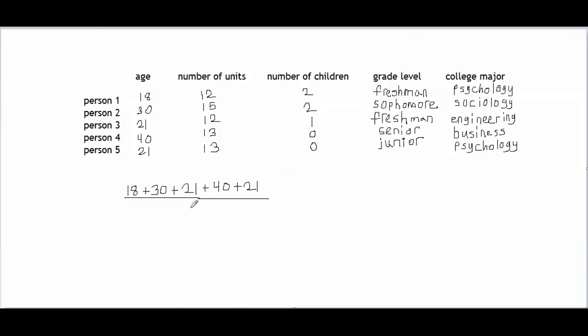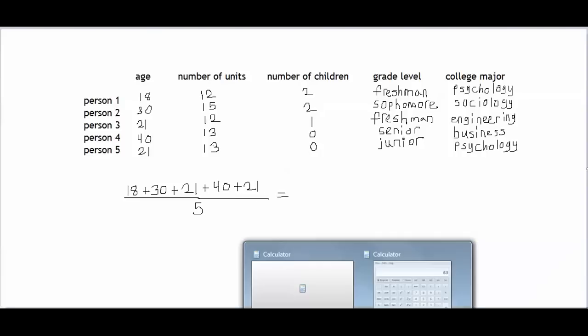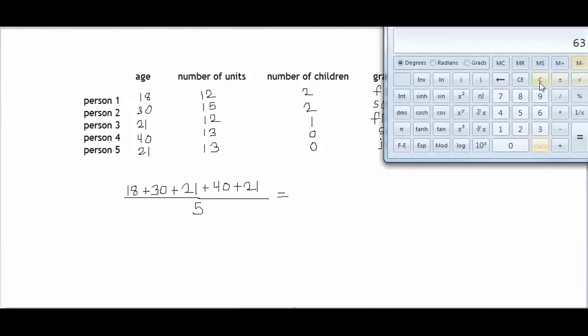We add up all 5 data values and we divide the total by 5, since we have 5 numbers in this column of data. Let's find out what the total equals.